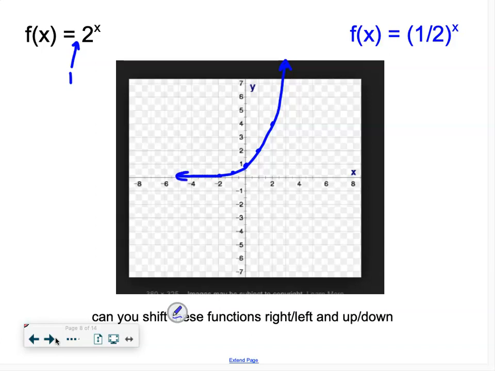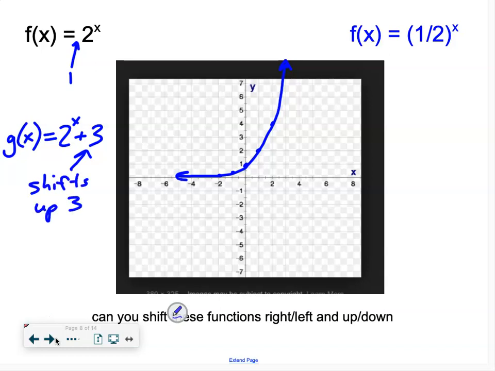If we wanted to shift this graph up, we could say, hey, how about, let's let a new, I'm going to call it a new function, how about 2 to the x plus 3? Then this graph would be shifted up by 3.